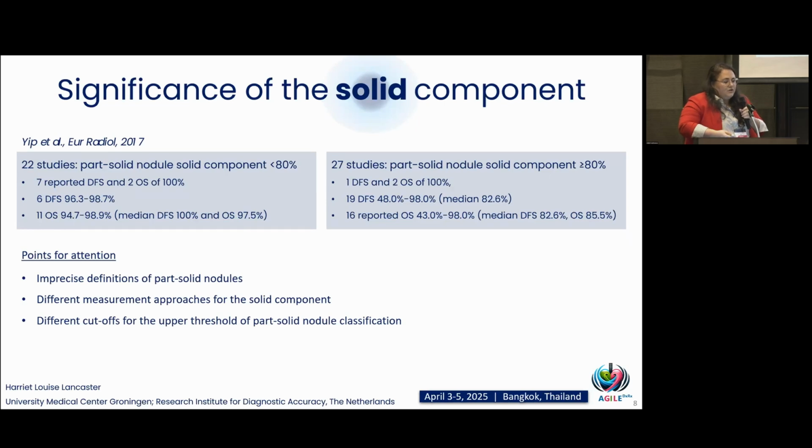And different studies use different cutoffs. Some say, for example, 80% and above, you should say it's a solid nodule with a halo around it. If it's below that, you can classify it as a part solid, but some use a threshold of 50%, for example. So to me, this screams we need standardization.